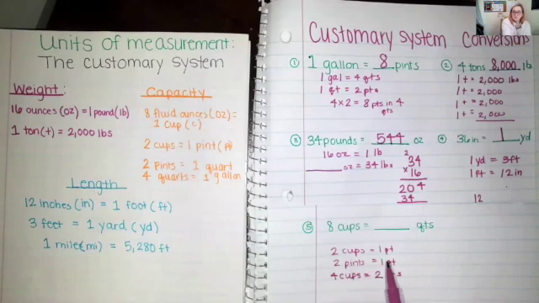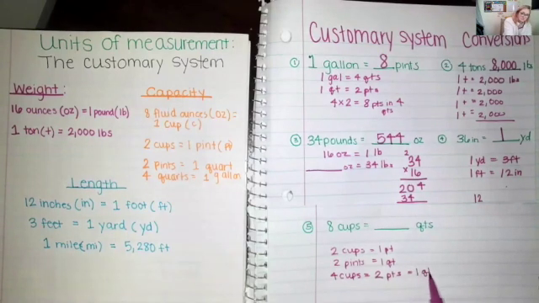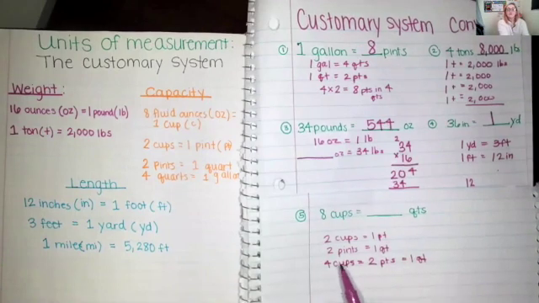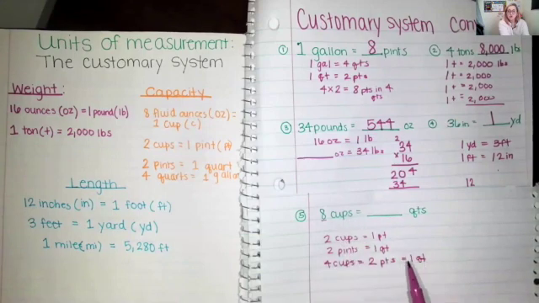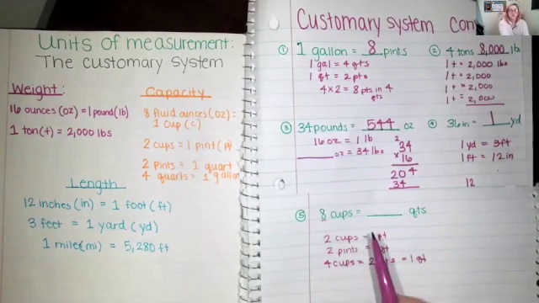If 2 pints equals 1 quart, 4 cups also equals 2 pints, which equals 1 quart. So if 4 cups equals 1 quart, they're asking us how many quarts is 8 cups. Well, if 4 cups is 1 quart, 4 plus 4 is 8. So 2 groups of 4 gives me 8, which means 2 quarts would give me 8 cups.